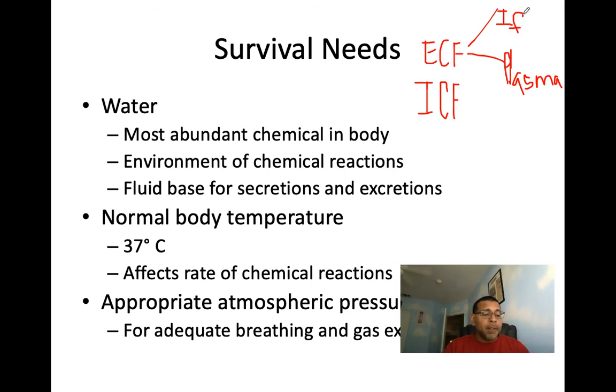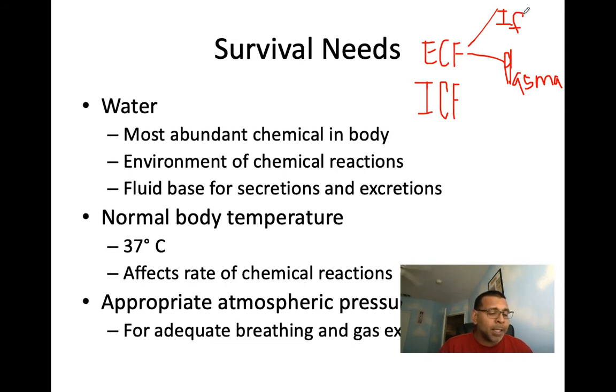The activity of the muscular system generates most of our body's heat. Last is appropriate atmospheric pressure. Atmospheric pressure is the force that air exerts on our body's surface.